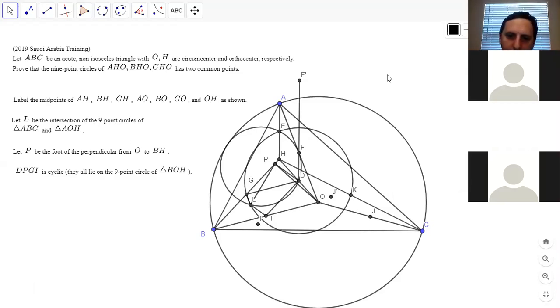I wonder, so DF prime times AH is the radius squared, which is, yeah, OA squared.